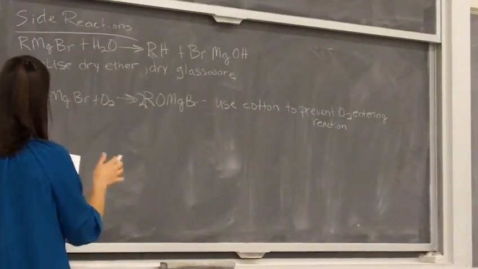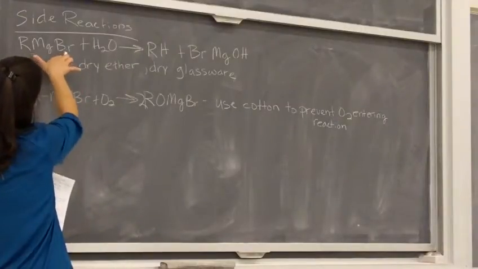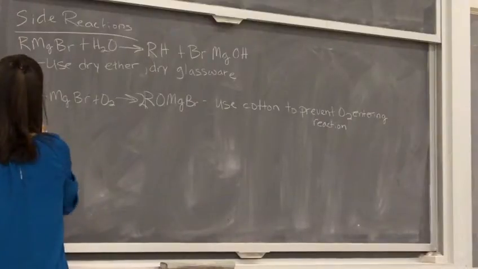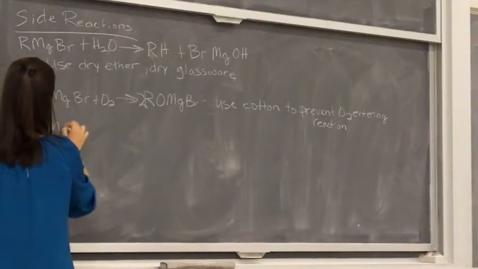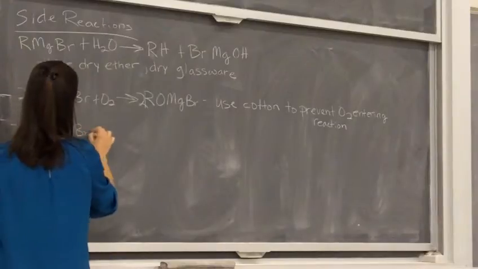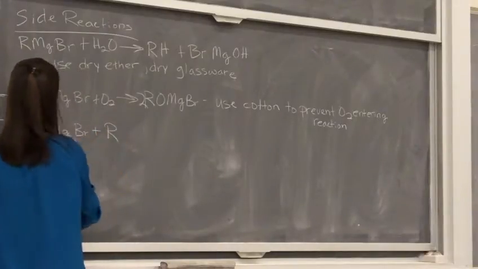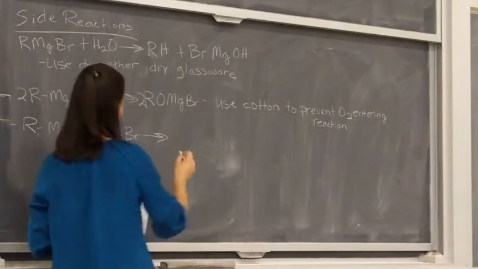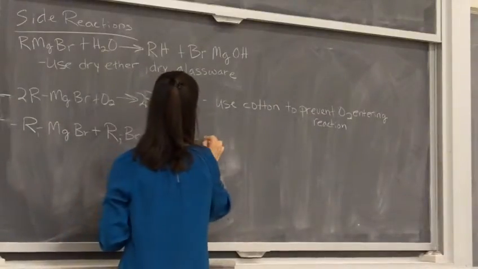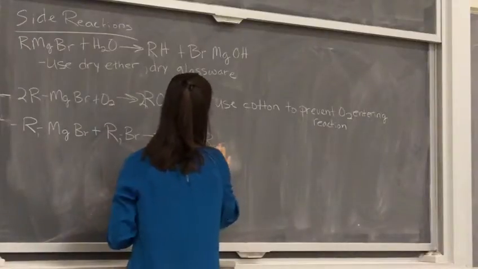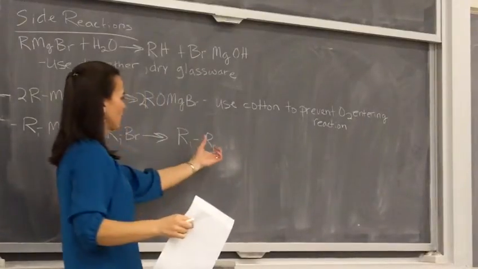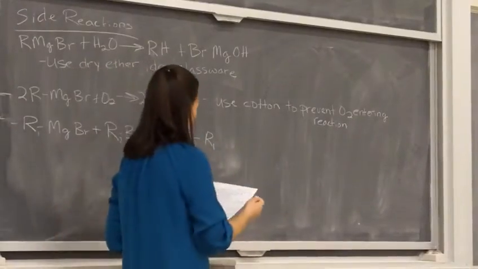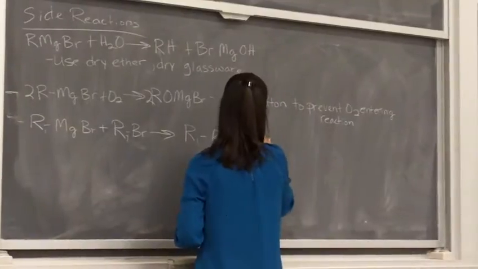We can have the Grignard reagent react with the alkyl bromide, and we also don't want that to happen. And when you have that happen, basically we form the corresponding alkane where we've added two of the alkyl pieces together. So with the bromobutane, we would form octane, which isn't going to help us, and magnesium bromide.